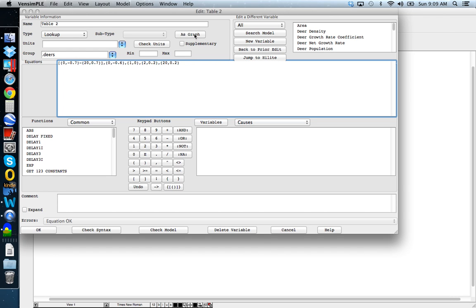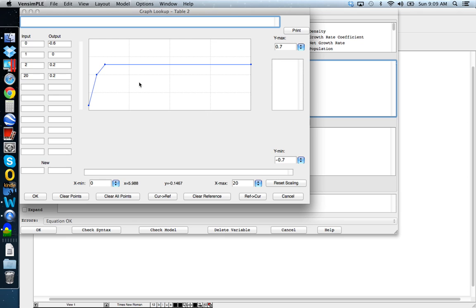If you click here on the As Graph window, it will give you a nice little interface that will allow you to put in values of a table. So let me walk you through this interface because I think this will probably be the most likely interface that you will use to produce a table.